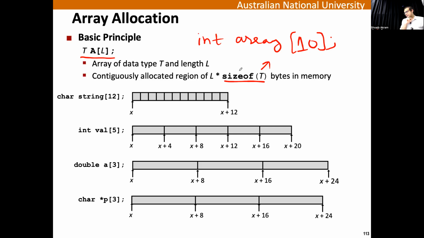The first 3 arrays are not that interesting. They are arrays of primitive data types. The first one is 12 characters. The second one is 5 integers. What is the last array? char *p3[3]. What does it store?